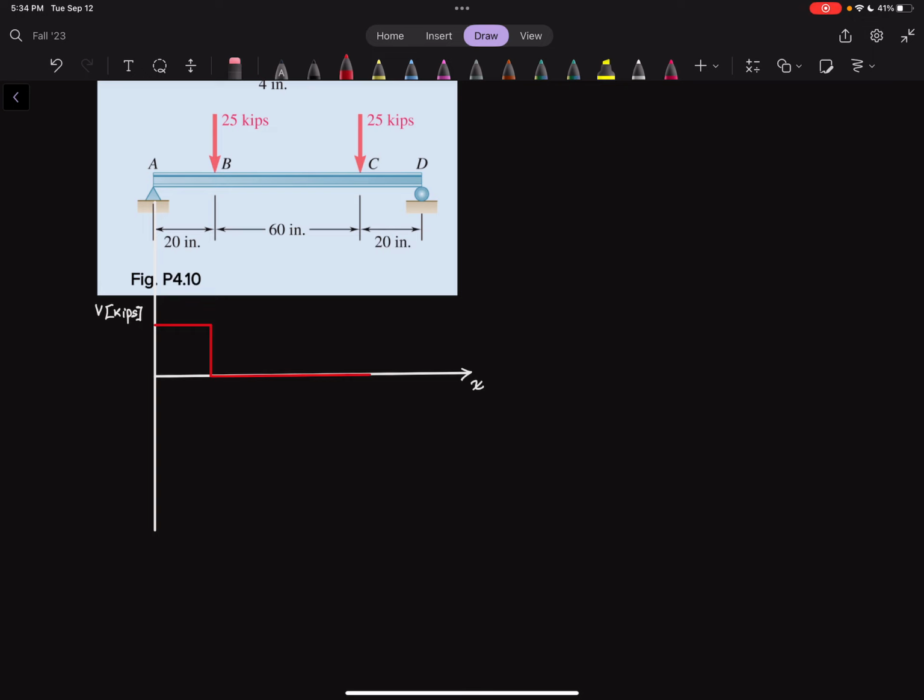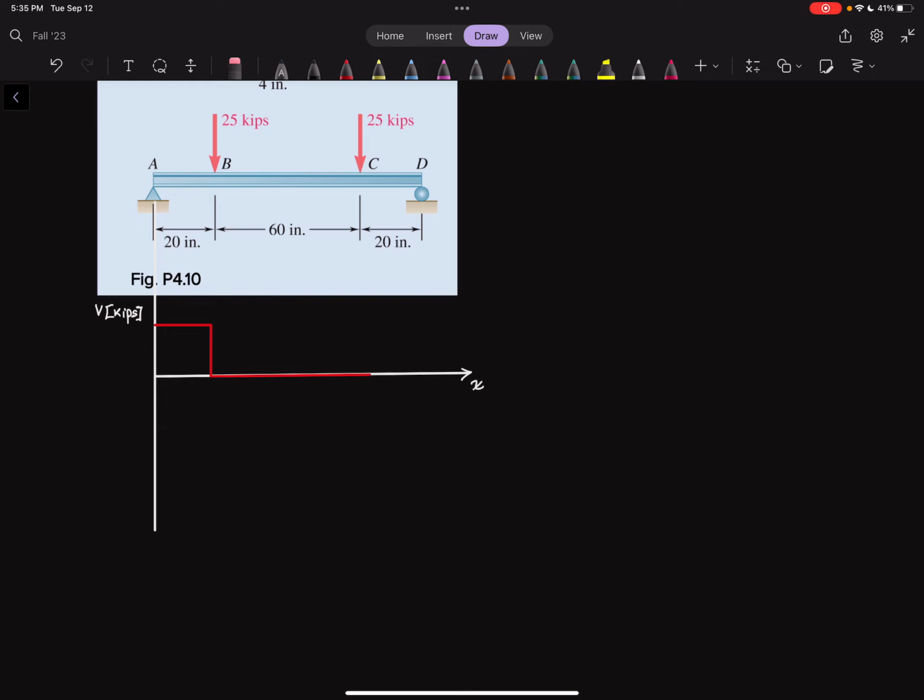And then we're going to have a negative shear pointing in, and I just want to make sure I'm doing this correctly.